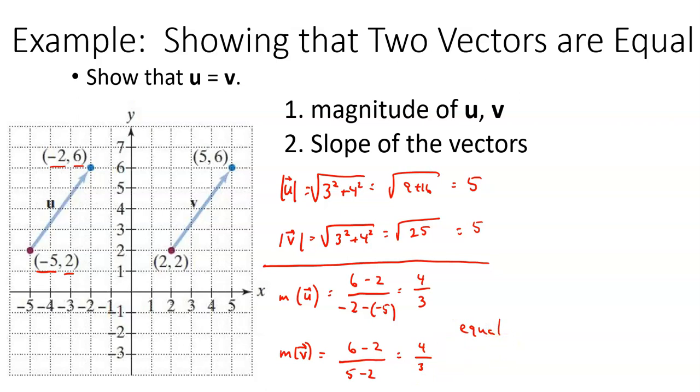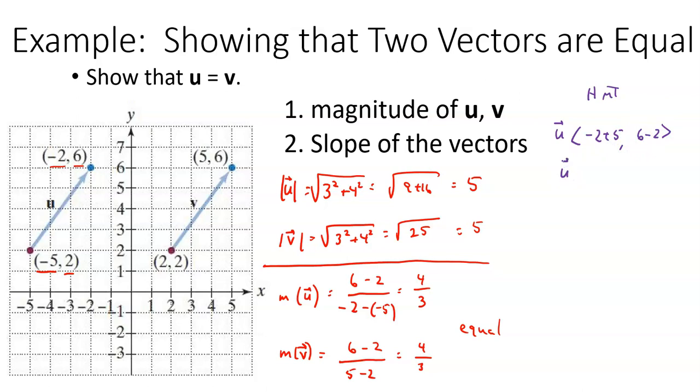The other option we had was to use the head minus tail rule and bring everything back to the origin, which is actually the shorter way of doing it. So using head minus tail, for vector u, we could take -2 minus -5 for the first coordinate, 6 minus 2 for the second coordinate.